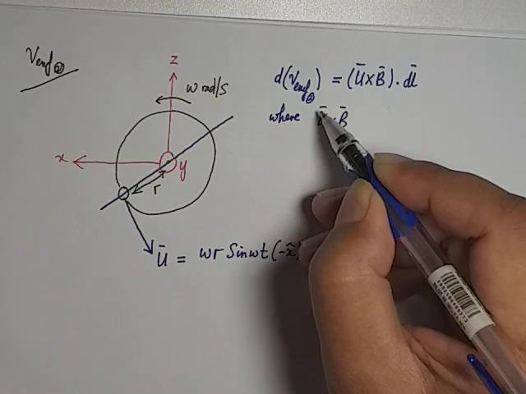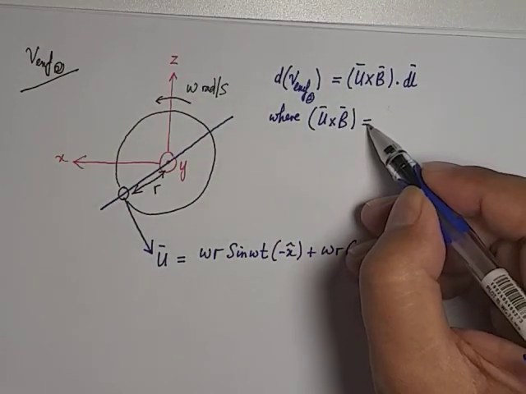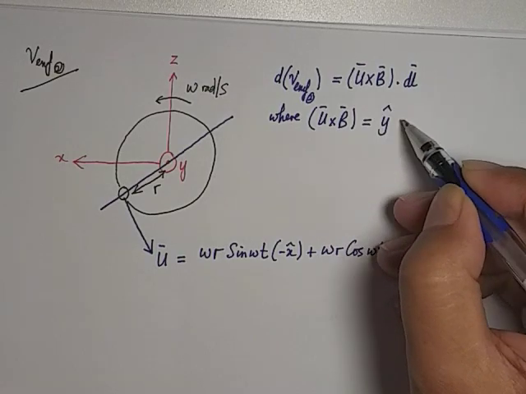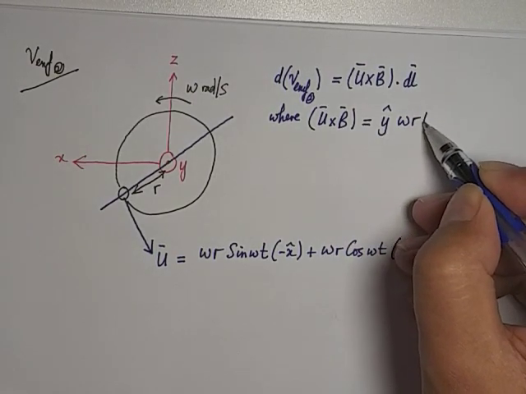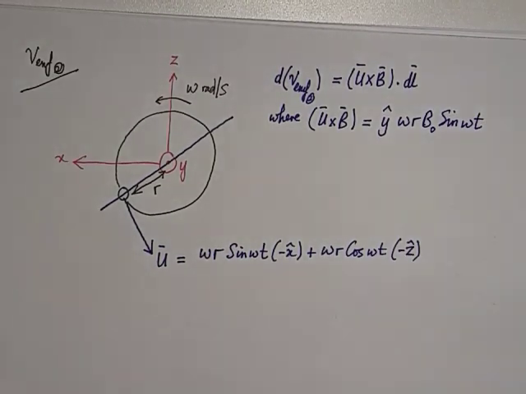Similar to before, because B is B naught in the Z direction, it should be equal to Y omega R B naught sine omega t. That should be the solution of U cross B, correct?